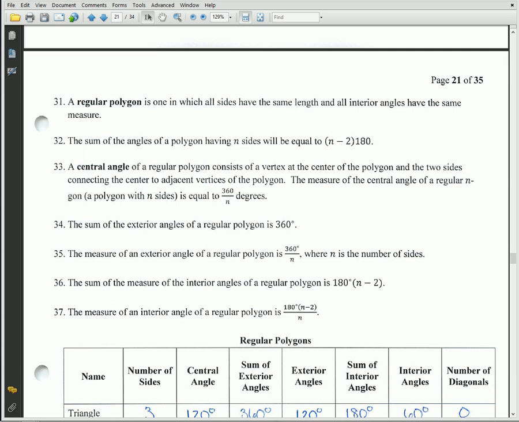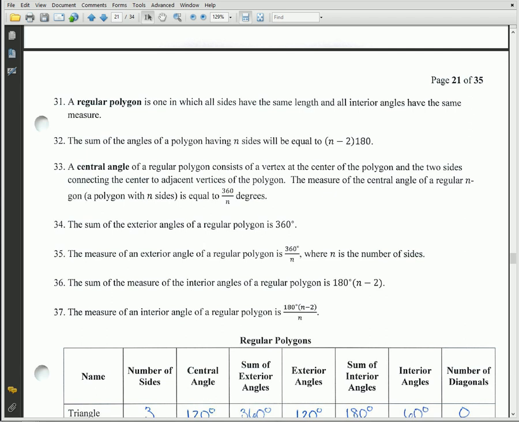The sum of the interior angles is 180 times n minus 2. Now you can use the sum of the exterior angles and prove the sum of the interior angles. And I don't remember if I do that later or not, but we'll see. The measure of an interior angle is 180 times n minus 2, all over n.